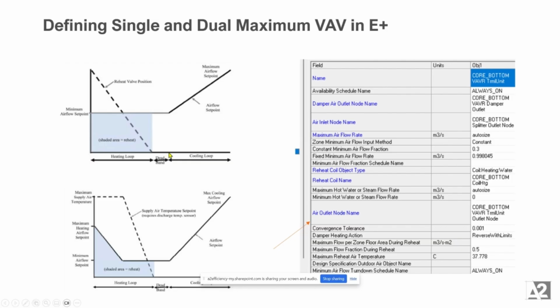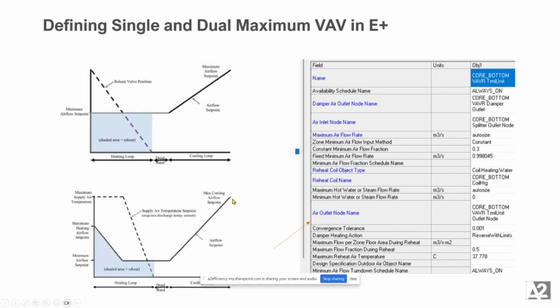You're in the dead band where ventilation is just provided, or there's no conditioning, and then cooling, right? So classic single maximum, you provide the most airflow when you need the most cooling. And as you need less cooling, you reduce the flow of air down to a minimum. So we have a single minimum control. So even in heating, you're always at this minimum flow.